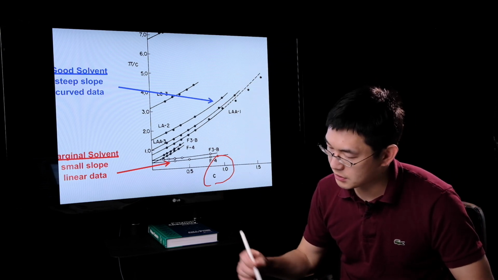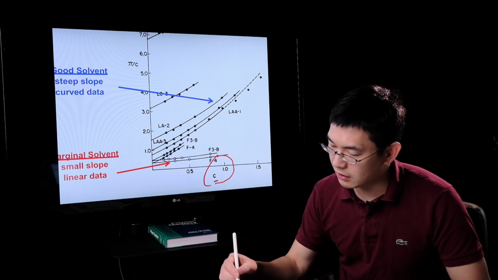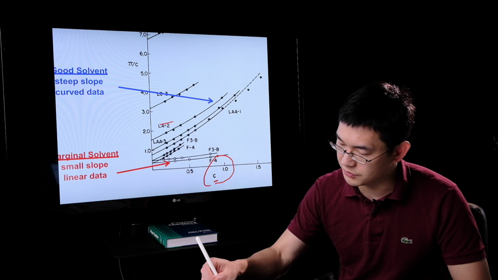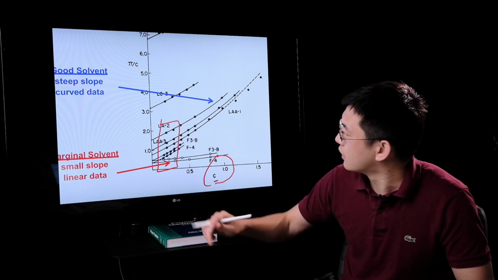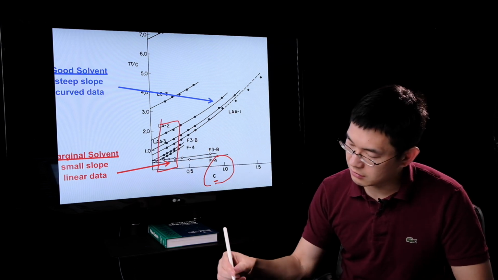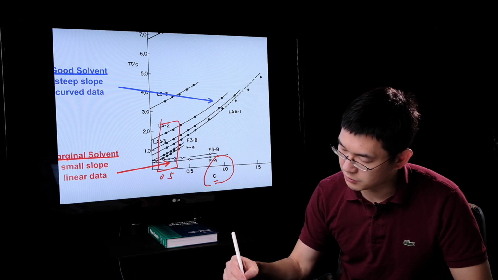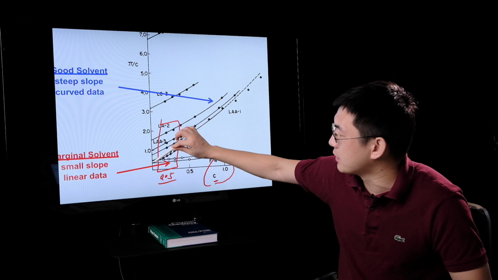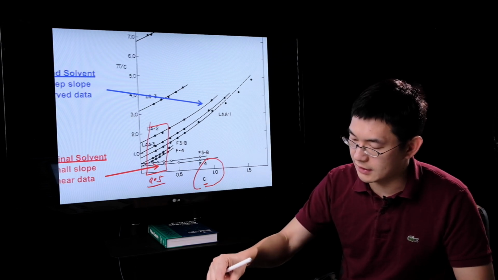And this only happens when your C is very high. In our data from the previous mini example, we only considered the data in the initial box, where our concentration peaked at 0.05. So it's very little, and in this region it will be pretty much linear data.